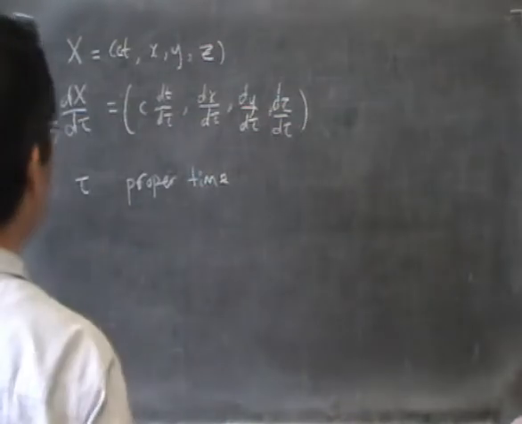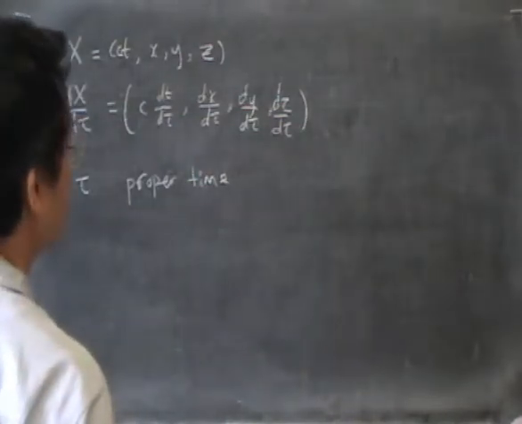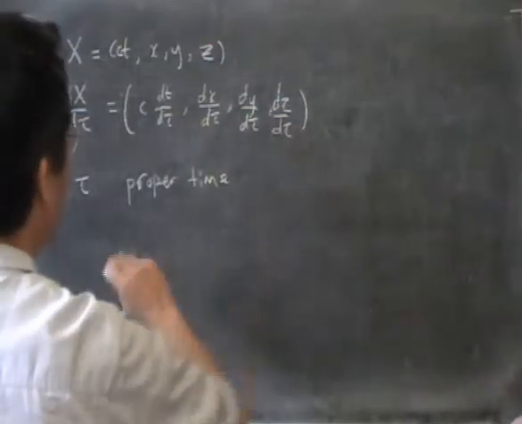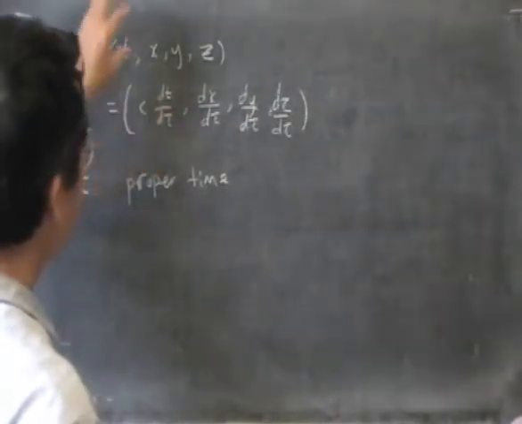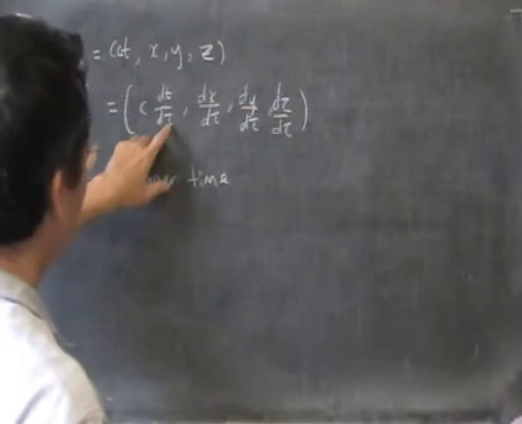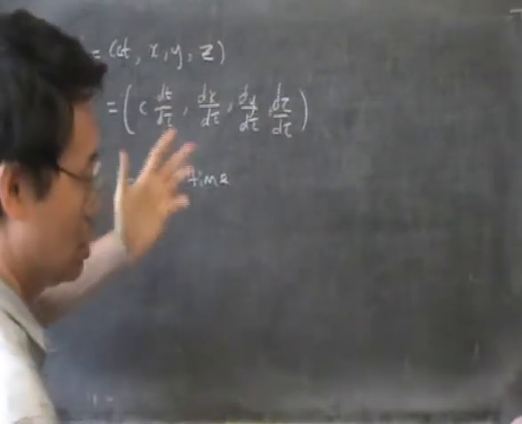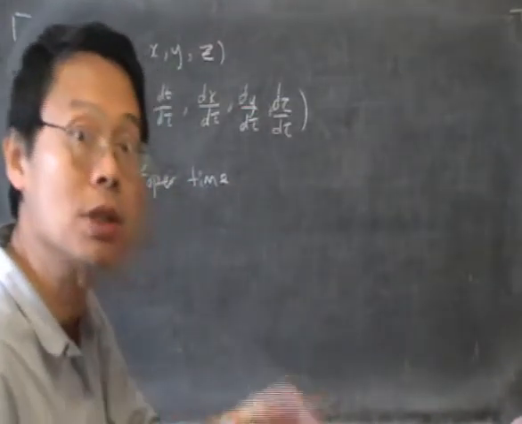So if I differentiate this with respect to the proper time, this is what I would get. And I would have a dt, the time in this frame, divided by d tau, the time in the rest frame of the body, which is a different frame.